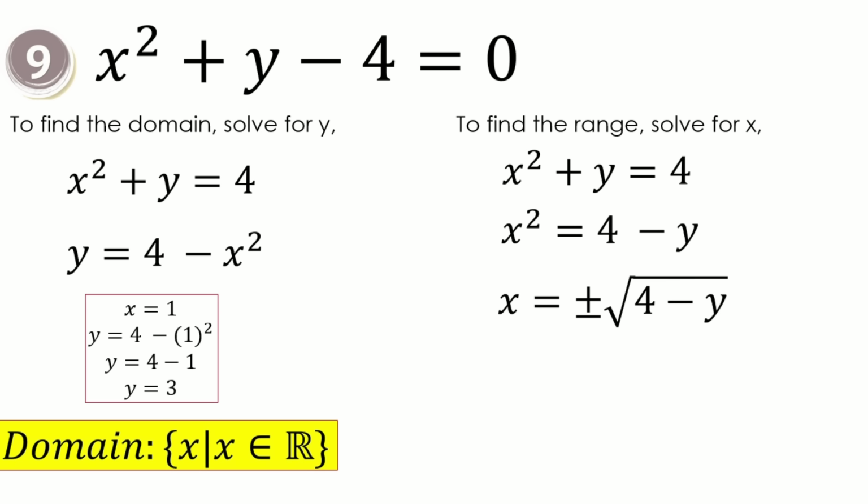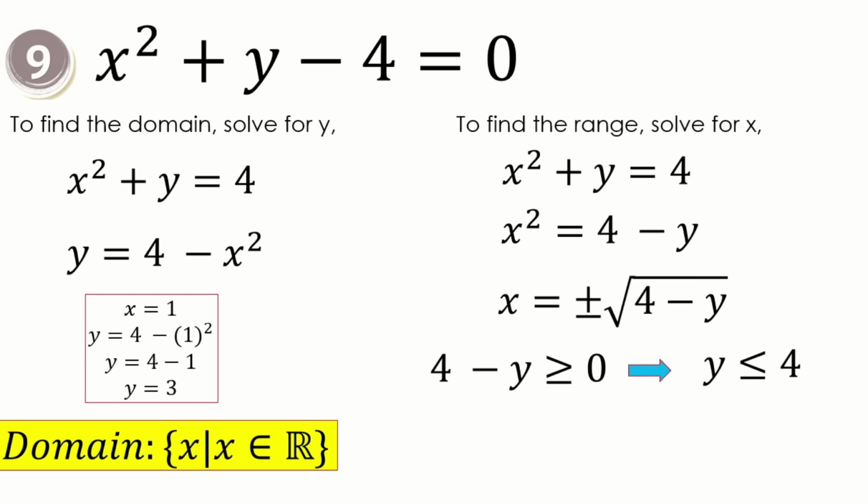Then, using the square root method, x is equal to positive and negative square root of 4 minus y. Like earlier in example number 8, we have a restriction. This must be greater than or equal to 0. So, let's write that out. 4 minus y greater than or equal to 0. So, therefore, your y must be less than or equal to 4.